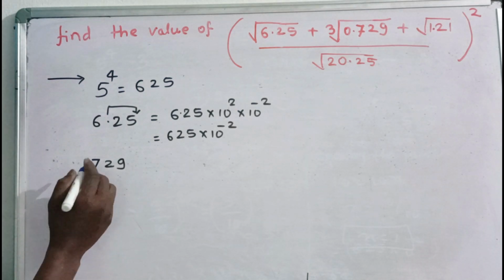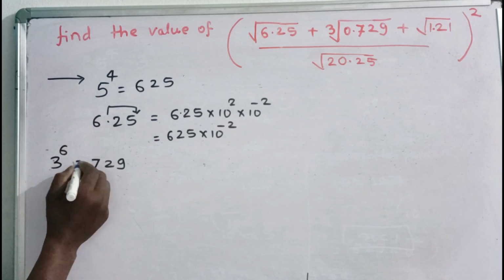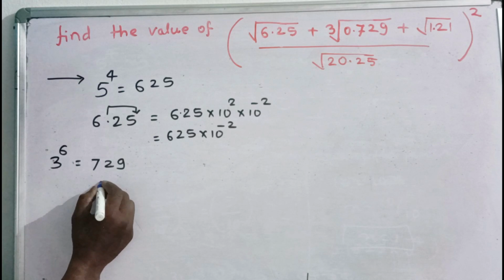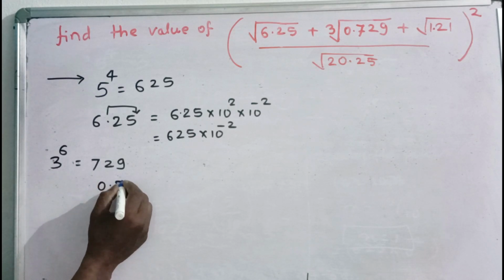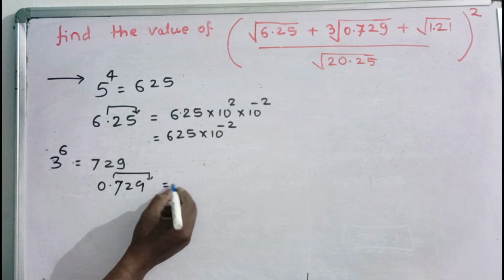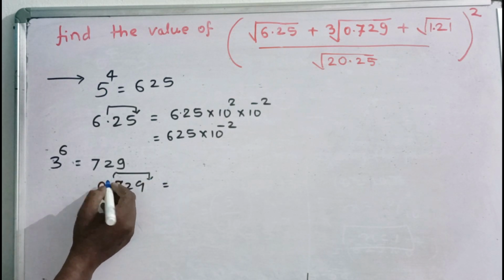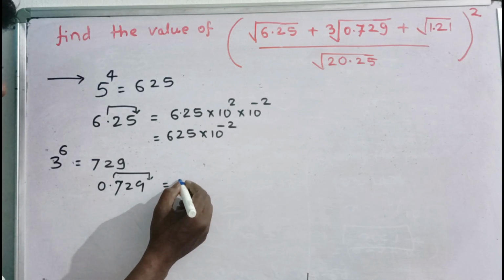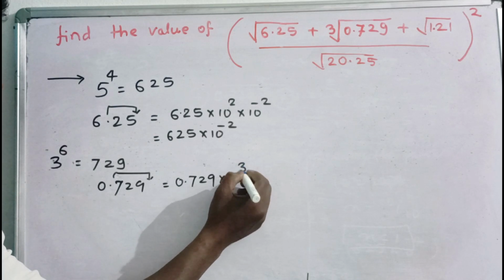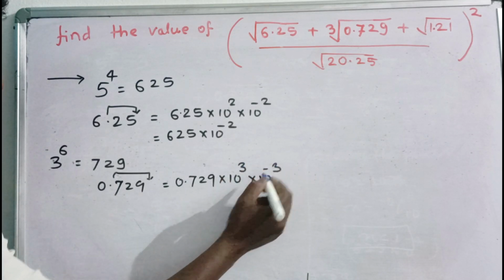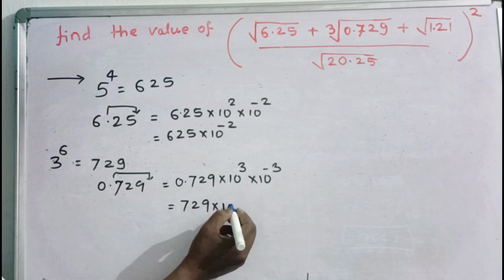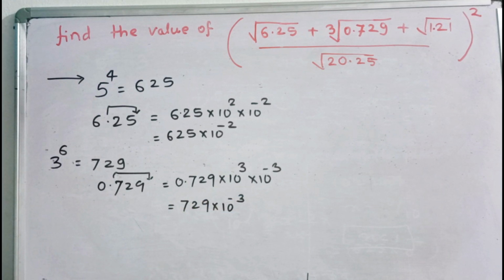Yes, 3 raised to the power 6 is nothing but 729, but यहाँ पर क्या है अपने पास 0.729. डिजिट पॉइंट 3 डिजिट के बाद जाने वाला है, तो 0.729 into 10 to the power 3 into 10 to the power minus 3. It becomes 729 into 10 to the power minus 3.